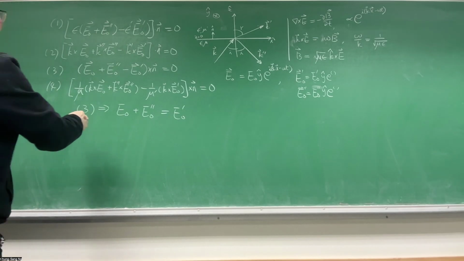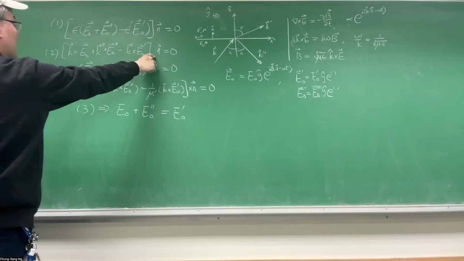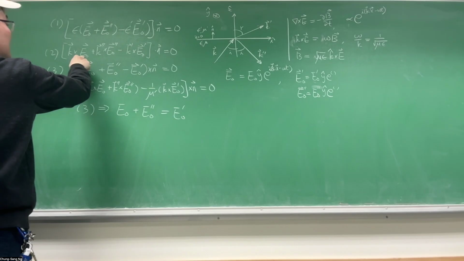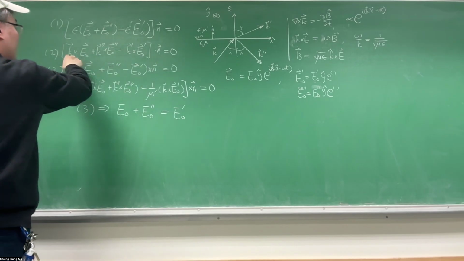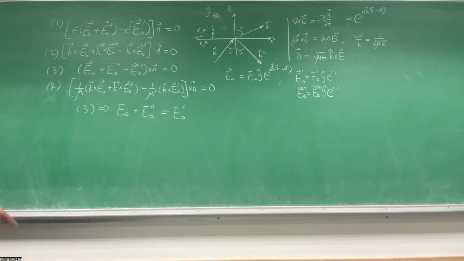Okay, so like k cross E0 dot n would be similar to n cross k dot E0, or n cross k dot E0.